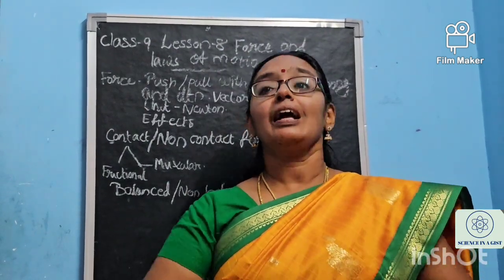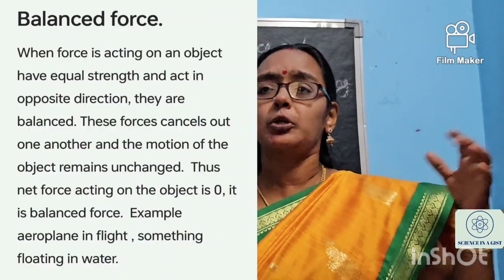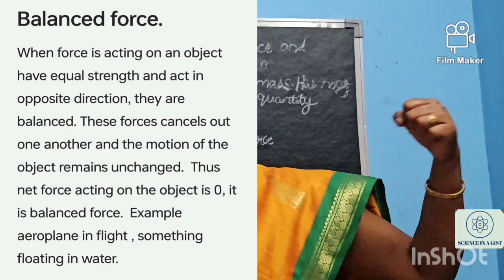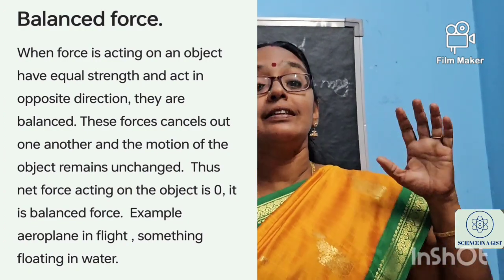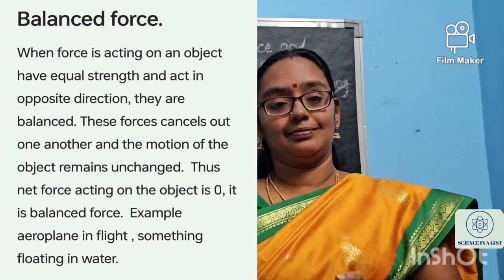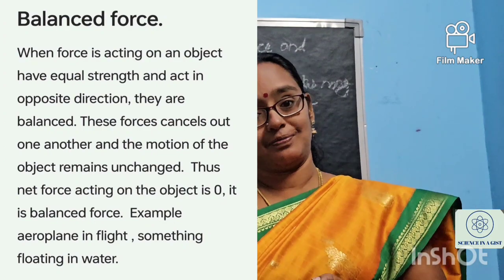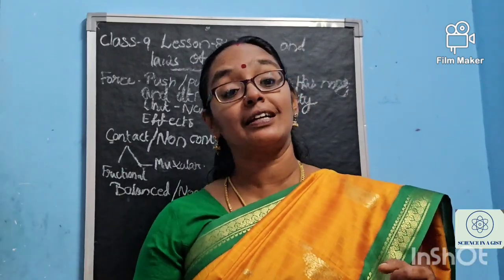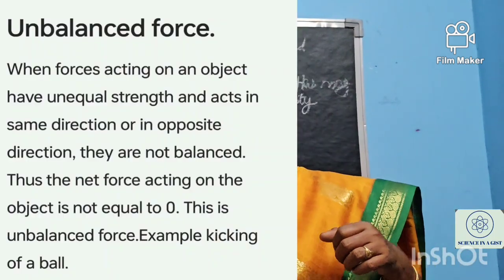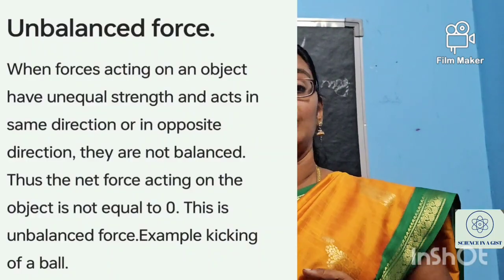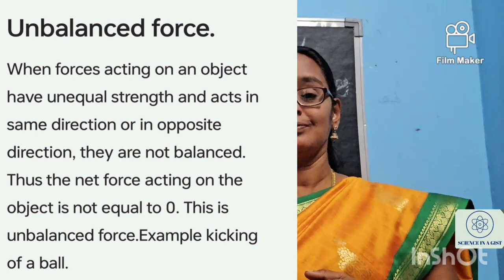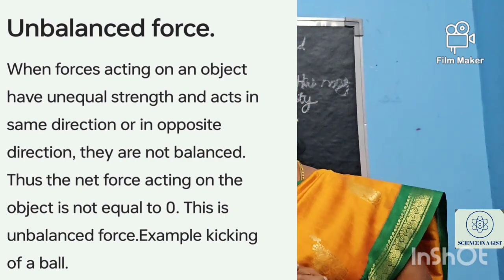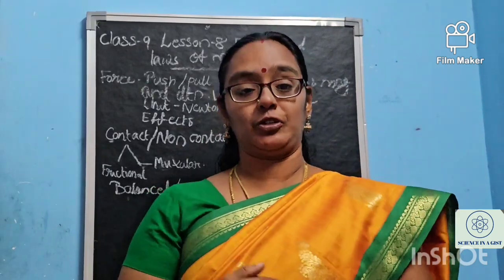If two or more forces are acting in equal and opposite directions, the net result will be 0. This is what? Balanced force. And if two forces are acting and the magnitude of one is greater or lesser, what will happen? The object will be in motion in the direction of the greater magnitude.